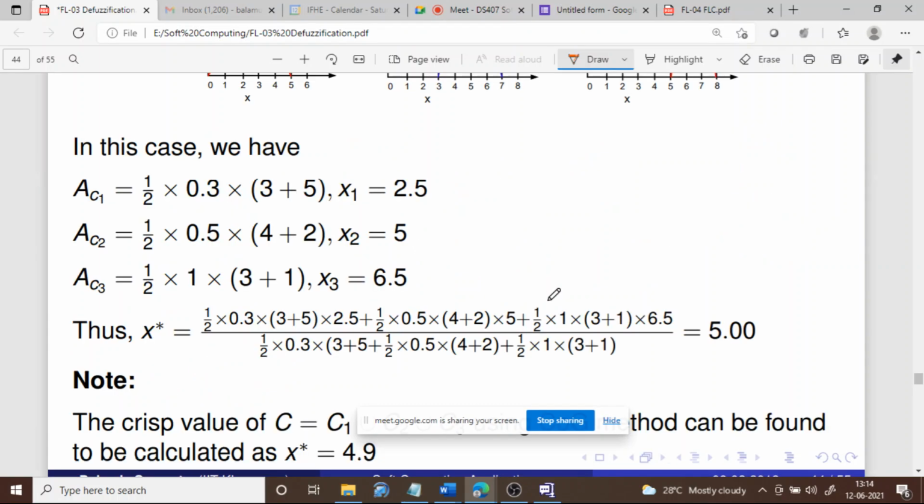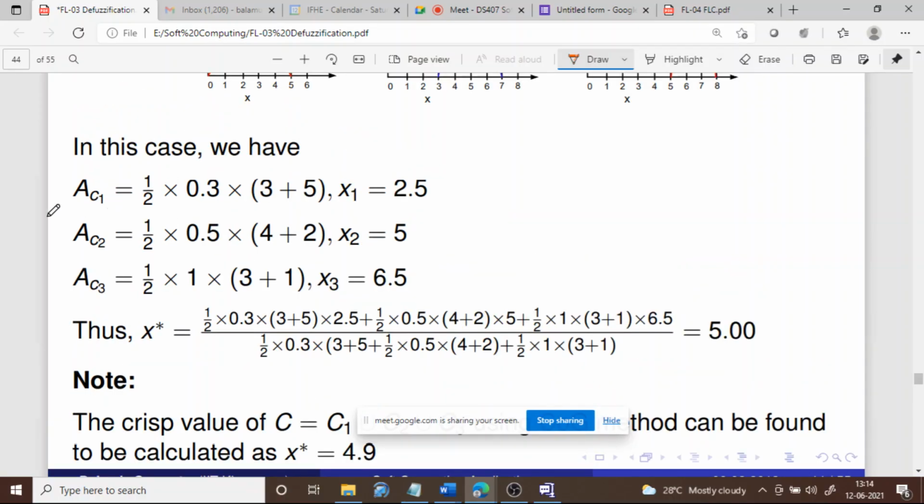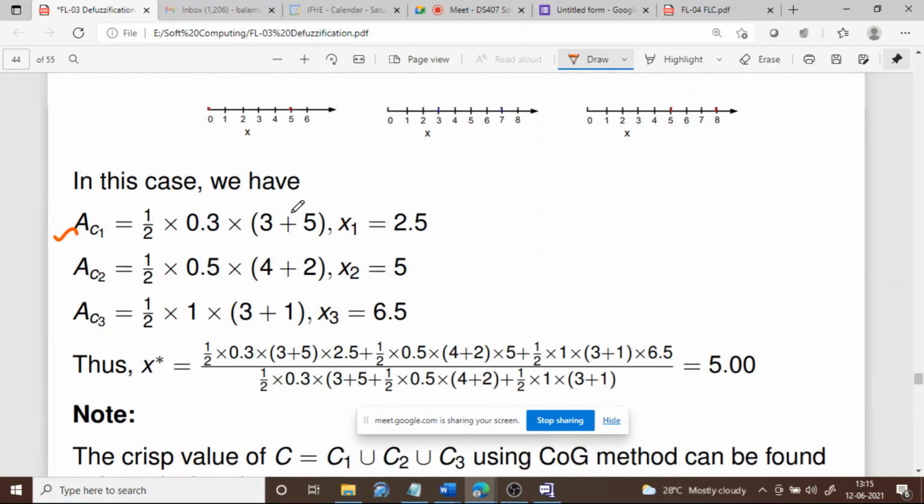Okay, see, you can see here how we calculate the area for the first curve. Half into 0.3 into (3 plus 5).